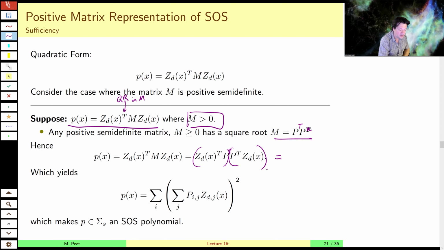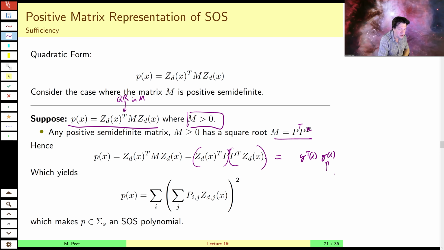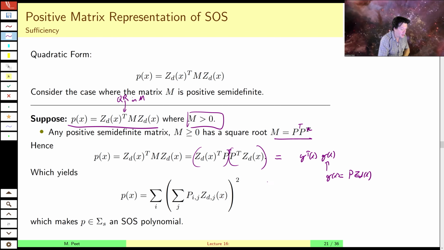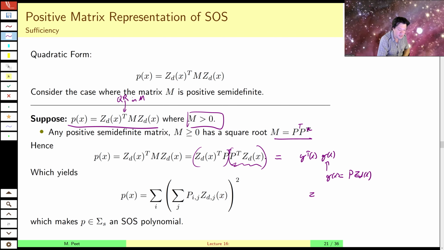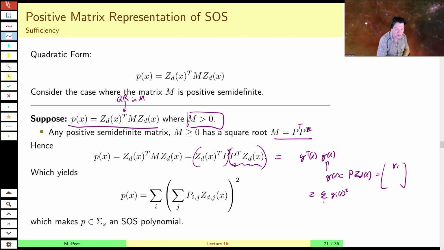So that equals G of x transpose G of x, where G of x is equal to P Z_D of x. And if we write this down explicitly in terms of the matrix P, this is equal to the sum over i of G_i of x squared. So this is G1 of x down to Gn of x, a vector of polynomials.